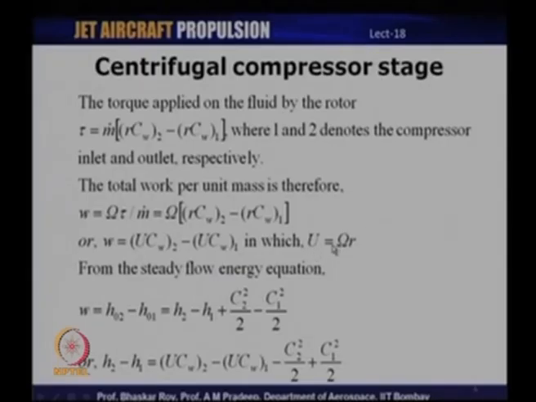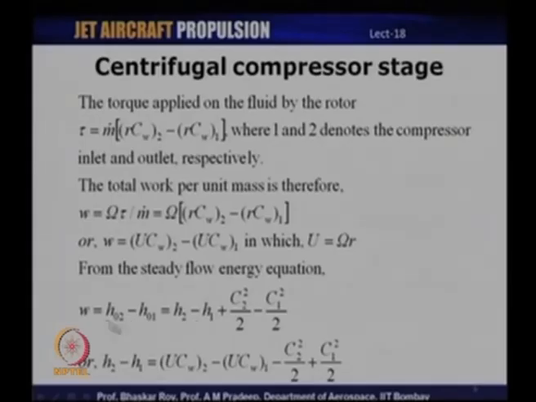Now, from the steady flow energy equation, we know that the work done per unit mass is equal to the enthalpy rise across the impeller or across the compressor. So, H02 minus H01 is equal to H2 minus H1 plus C2 square by 2 minus C1 square by 2, where C2 and C1 are the absolute velocities at the outlet and inlet of the rotor respectively.